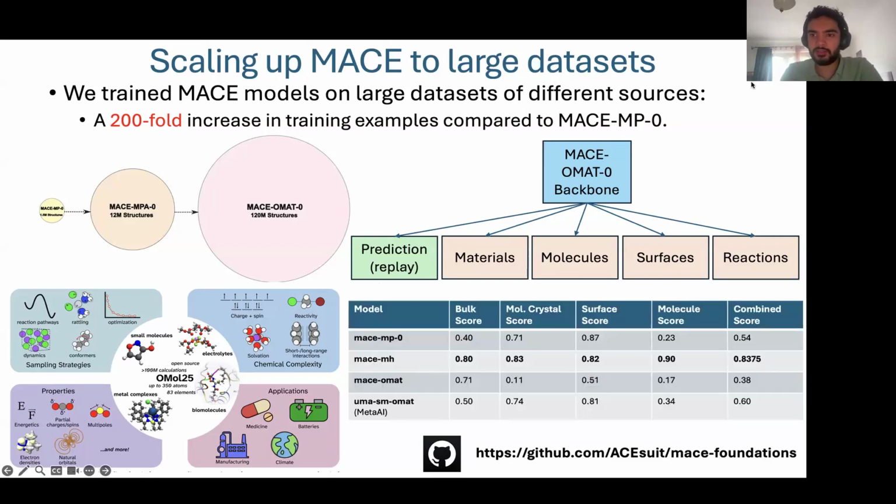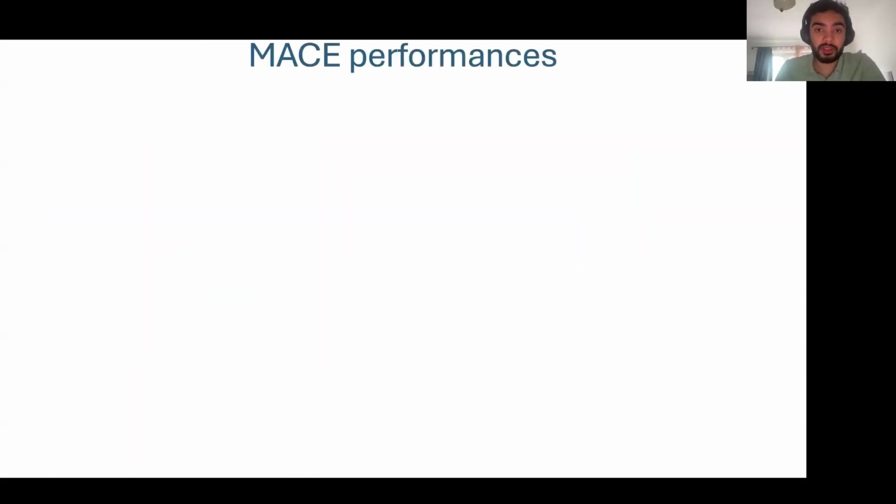And then we've done a very extensive benchmark across a lot of properties, and you see that the model basically now can be out of the box accurate, not just for bulk systems, but also on molecular crystal, surface, and molecular systems. And we are getting closer and closer to having models that are out of the box quantitatively accurate to a GGA functional. And I expect that in the next few years, we will have models that are basically PBE out of the box for most of chemistry.